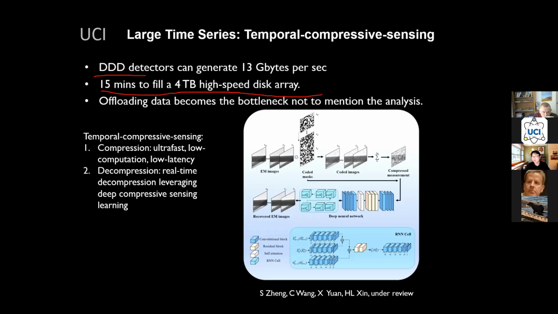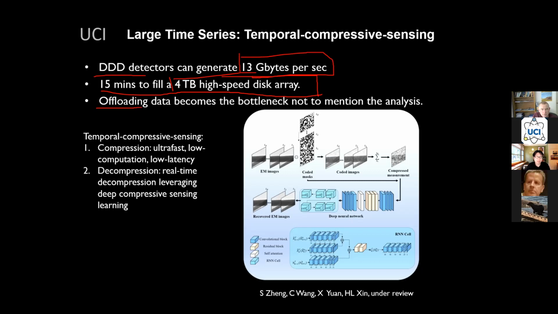Typically, these disk arrays are a RAID 0 setup of 8 hard drives that are consecutive, storing data in stripes, so you have a limitation as to how much you can do with this type of throughput that can dump these data. Typically 4 terabytes are what you can afford, right?